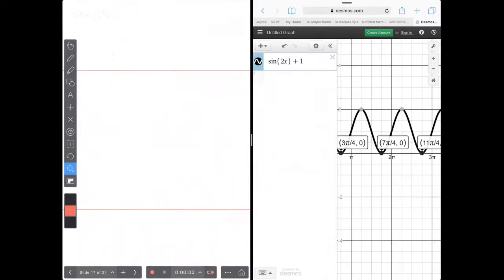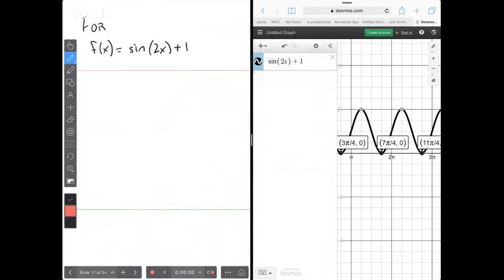And I've already got it graphed. For f of x equals sine of 2x plus 1. Let's see. Leslie had a nice list.